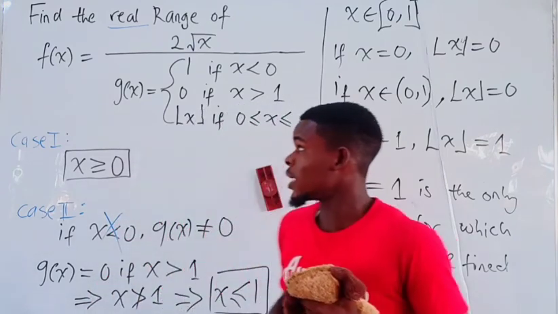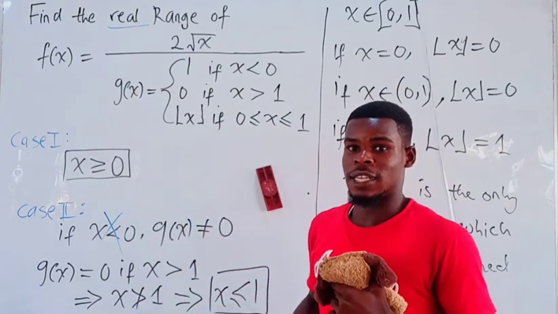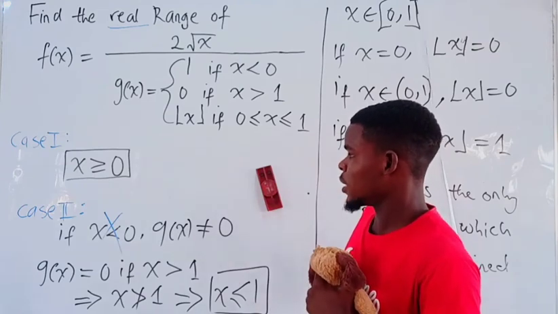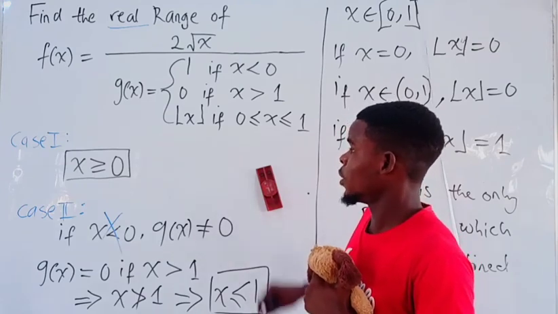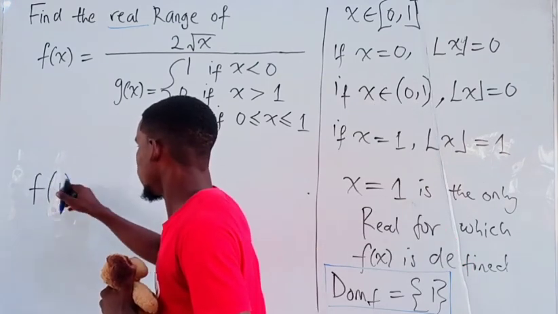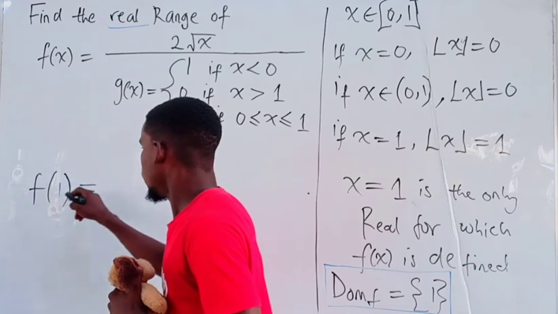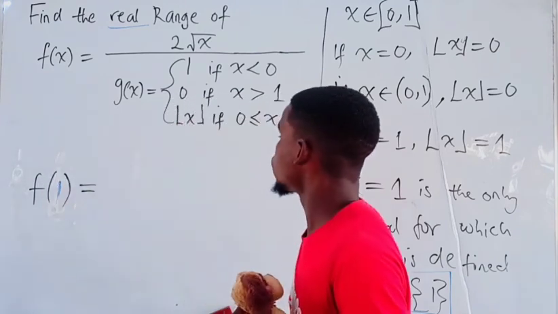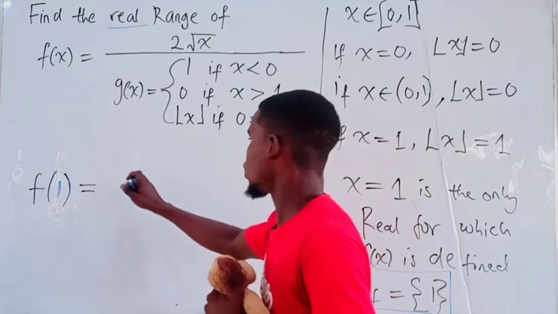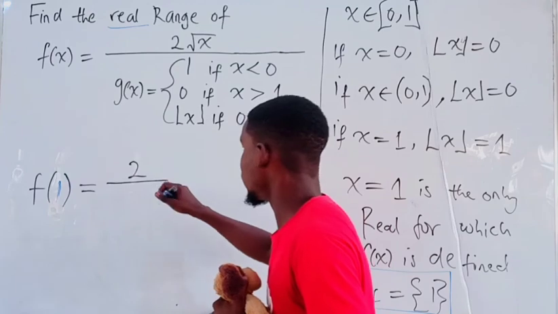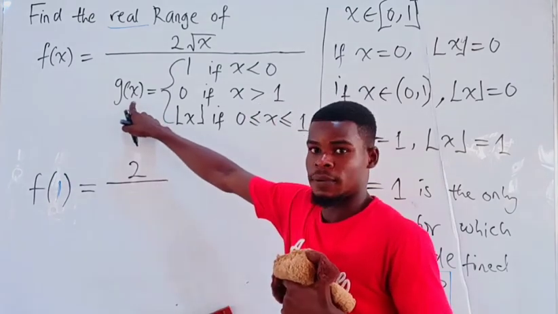Good. Okay, so we can get the range immediately by plugging in the input, which is 1, in place of x. Okay, maybe let me clean the first case and the second case and then we'll do that right away. So that means that f of 1 will become, well, you plug in 1 into the function, we just have to evaluate it, all right? So we plug in 1 in the place of x, that will become 2 times the square root of 1. Well, the square root of 1 is just 1, so that's 2 times 1 divided by g of 1.